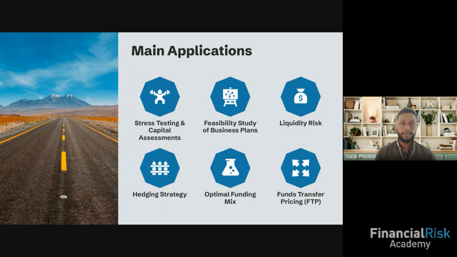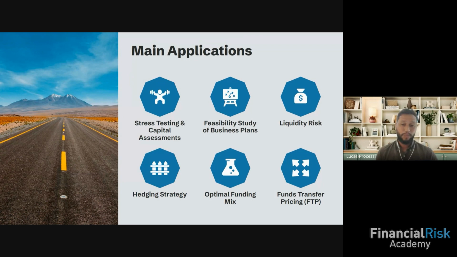We can also use an ALM model to assess your hedging strategy. So you can test whether it is optimal to do back-to-back hedging or to do ALM hedging, and what are the decisions that we are going to take in each one of those two cases.